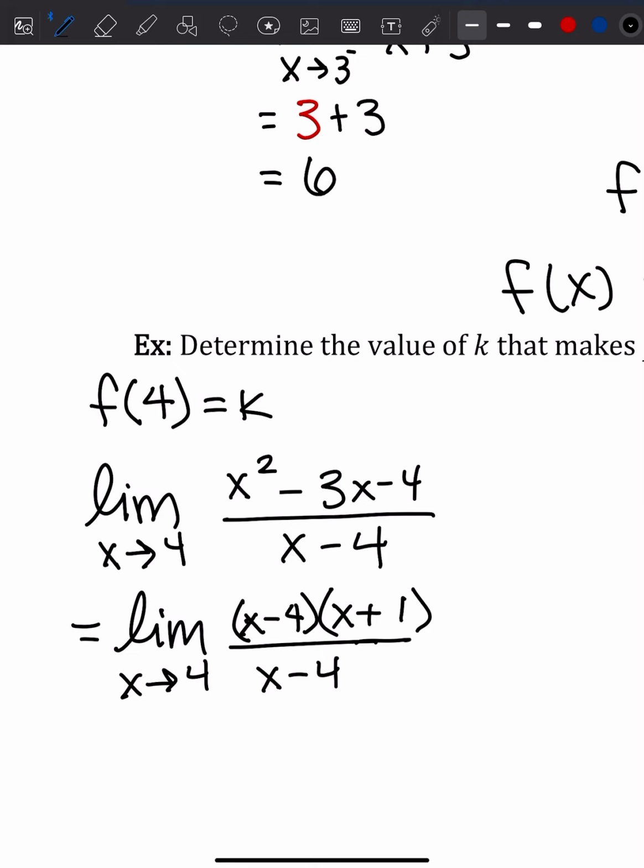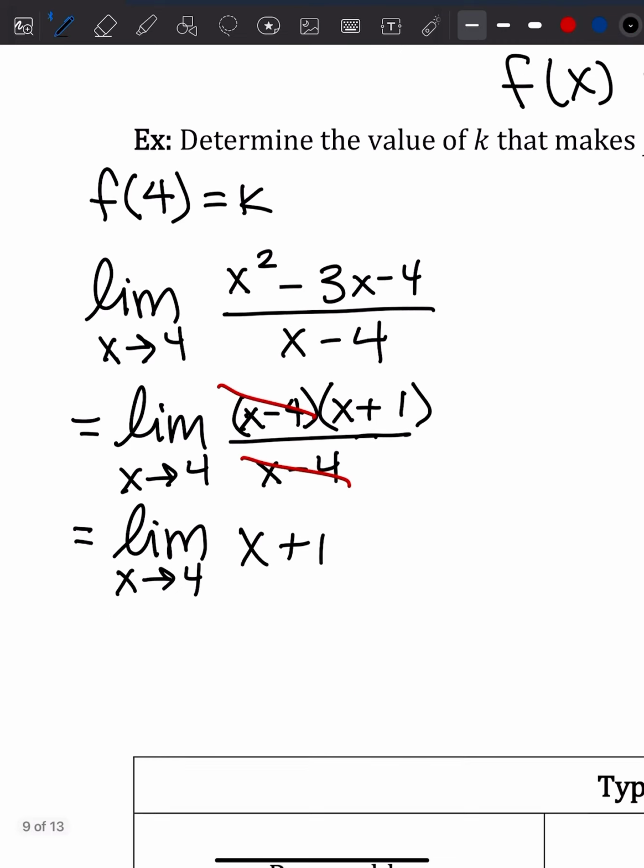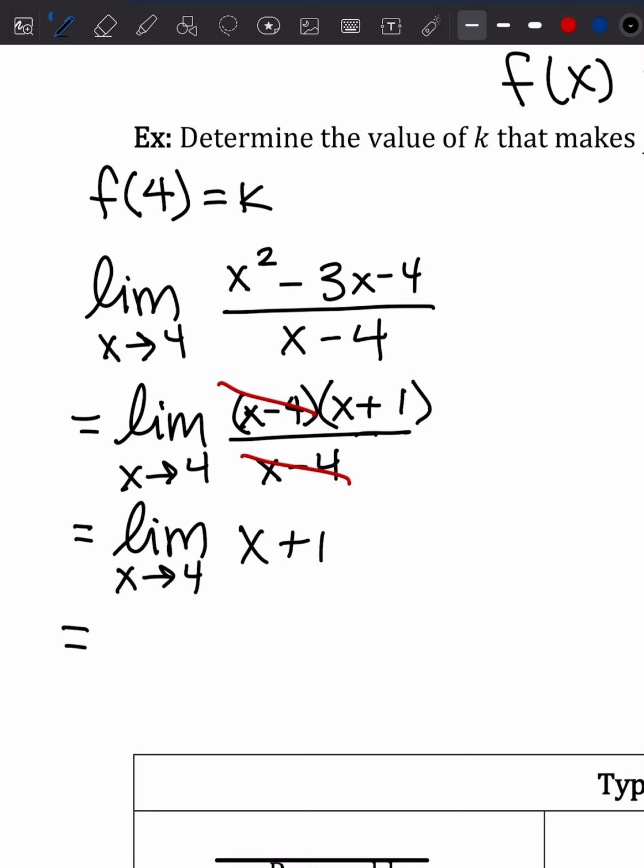So x minus 4 and x plus 1 are my factors. So we are looking at the limit as x approaches 4 of x plus 1, because we can go ahead and divide out those x minus 4s. So now all we have to do is plug it in. So we have 4 plus 1, which gives us 5.